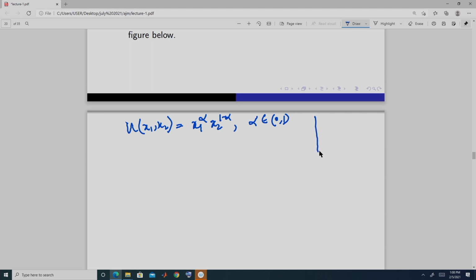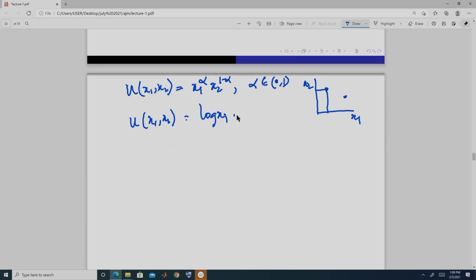So if we take this as x1 and this as x2, any point, this much x1, this much x2, you plug in these two here, and the outcome is going to give you the utility. Take any point, plug in the value here, and you will get the utility for a specific value of alpha. Another utility function that we can talk about is this.